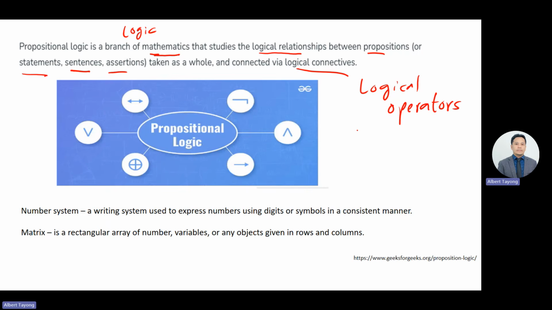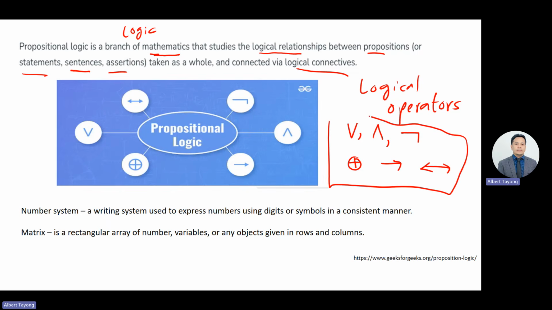The most common logical operators are or, and, not, exclusive or, if then, and if and only if. We have more operators, but those are not very common, okay? These are the most common ones.